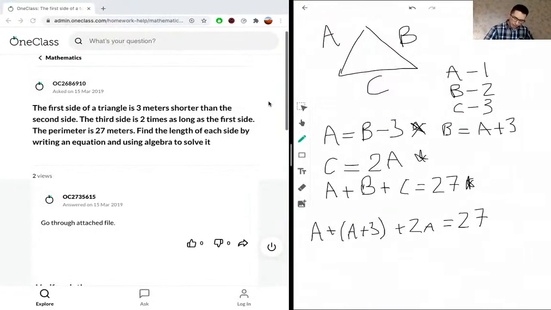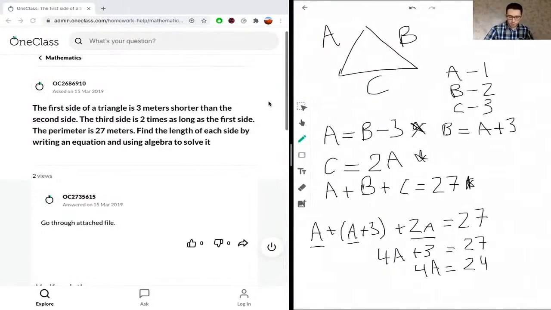Okay, and now we just add common terms here. We'll add up all the A's. We'll have 4A, and then just the remaining 3, and that will equal 27. We'll subtract 3 from both sides, so 4A is equal to 24.